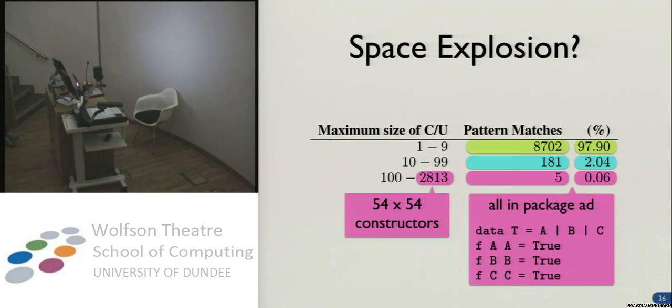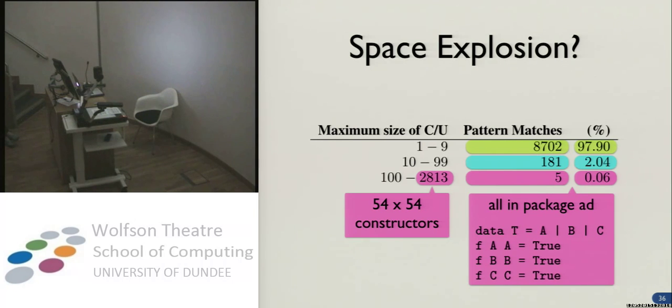In fact, in the largest case that we found, we had a data type with 54 different constructors, and so a function with 54 of these different clauses. So in practice, your compiler has to also be resistant against these cases and bail out at some point and just give up if the sets become too big.